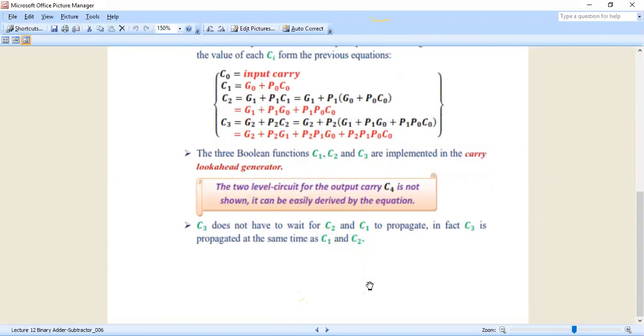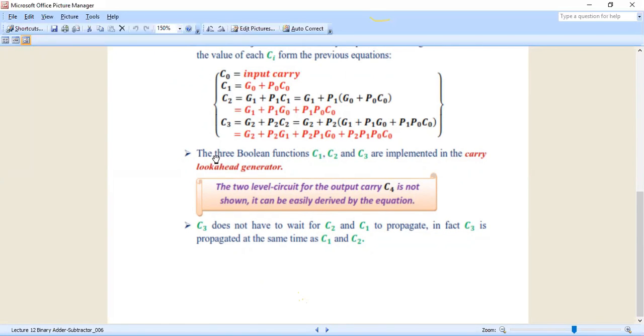In this way we calculate C3, C2, C1. Here there is no waiting. C3 does not have to wait for C2 and C1 to propagate. Why? Because here we propagate the values at the same time for C1 and C2. So this is the carry look ahead generator.